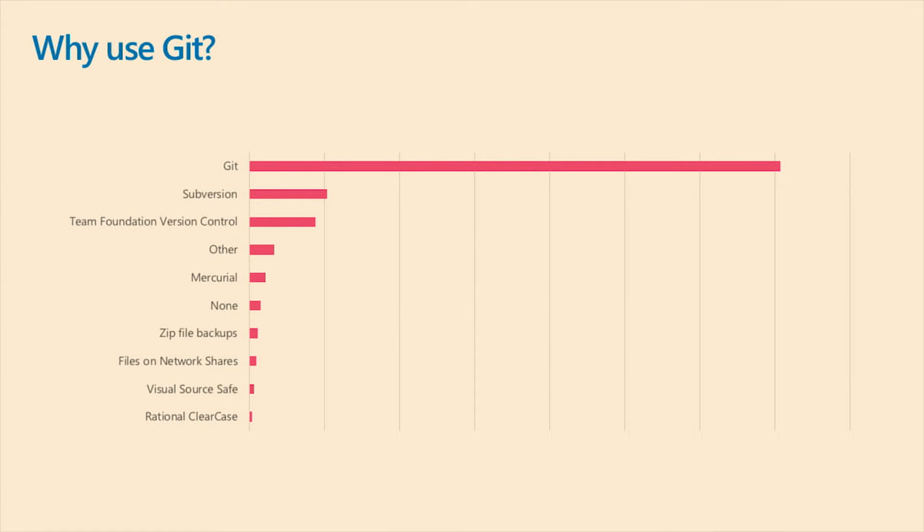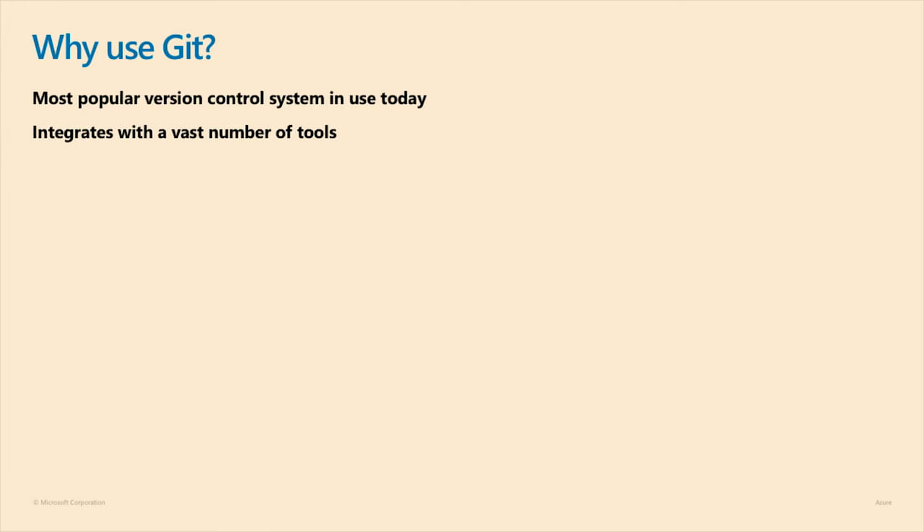So if you're a shop that does more than just Unity, I think it makes a lot of sense to start thinking about Git. If you're a shop that wants to collaborate with outside teams, I think it makes a lot of sense to use Git, because Git is the de facto standard when it comes to source code management. It's incredibly popular, and there are a number of tools already that support it.